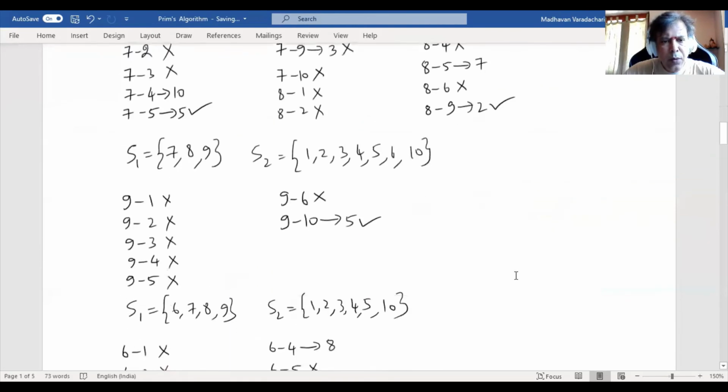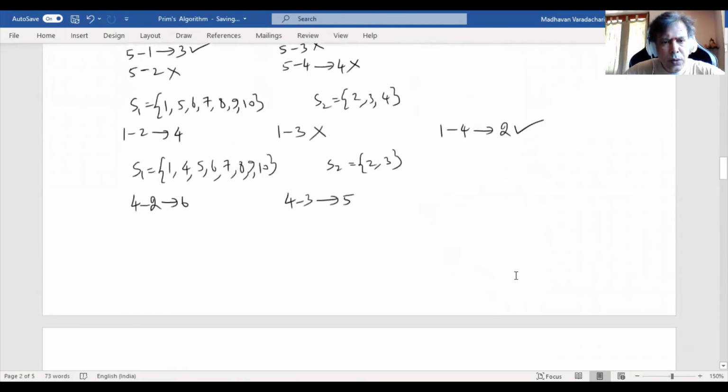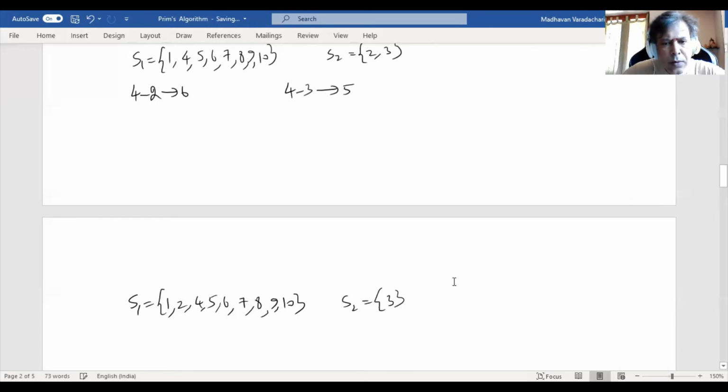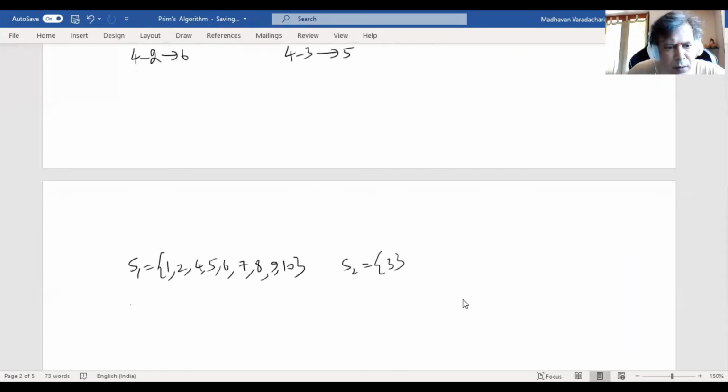So we have to add now 2 also in our set. First set: 1, 2, 4, 5, 6, 7, 8, 9, and 10. Yes, 2 will have only 3. Now we have to find out the combination, only one combination, 2 to 3.